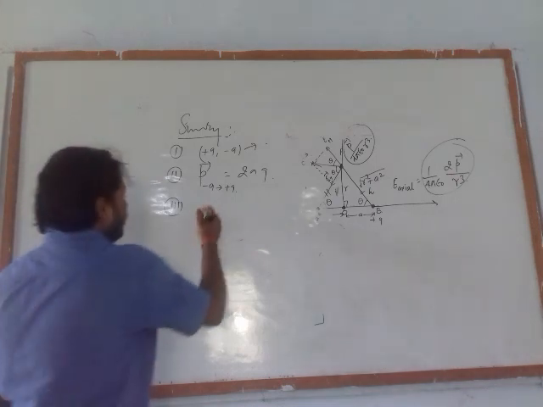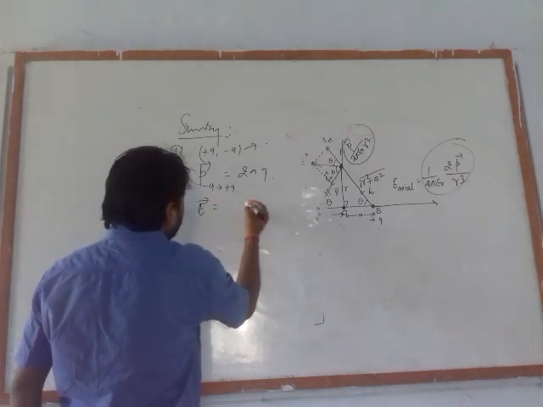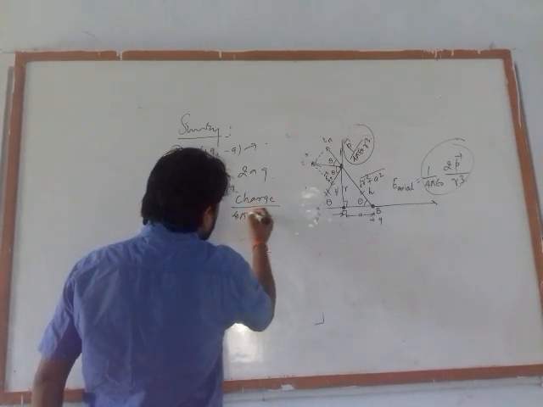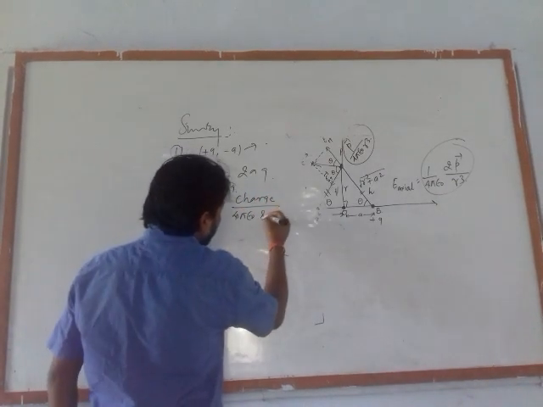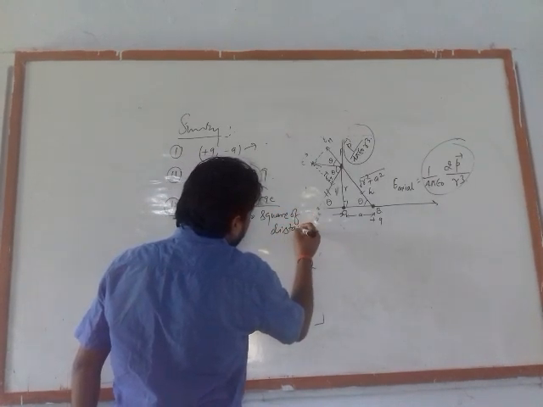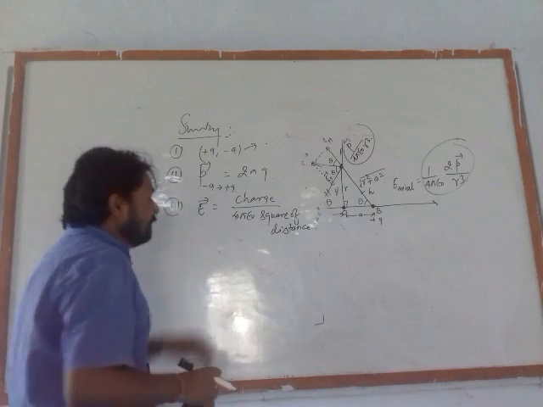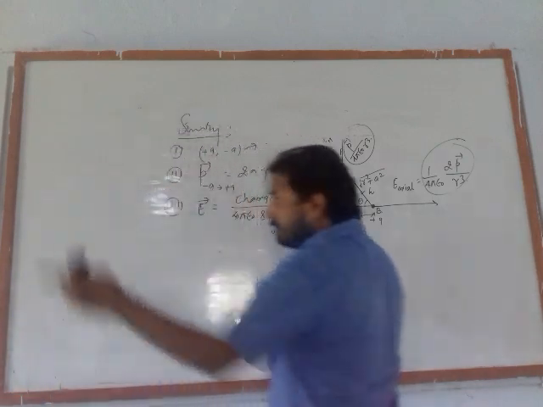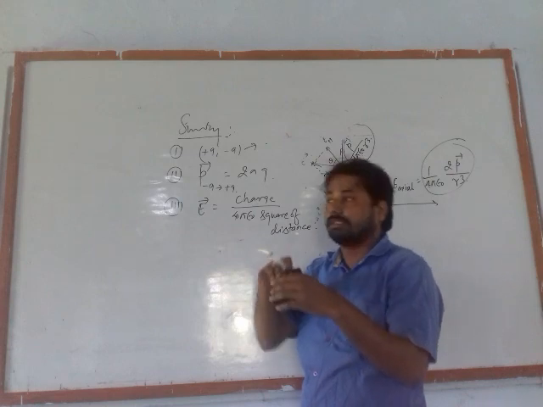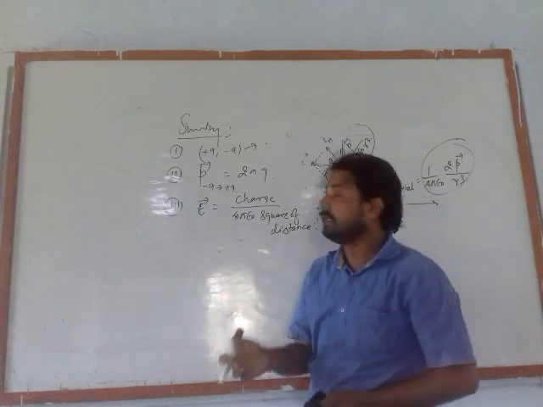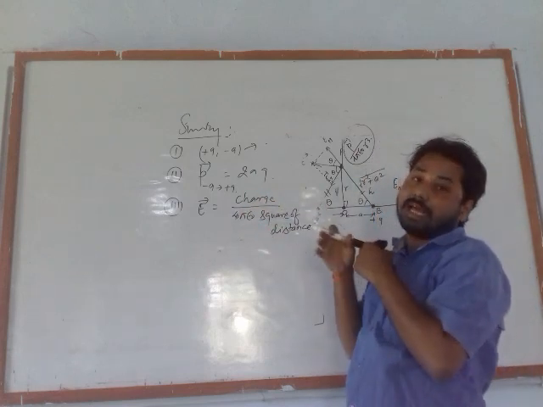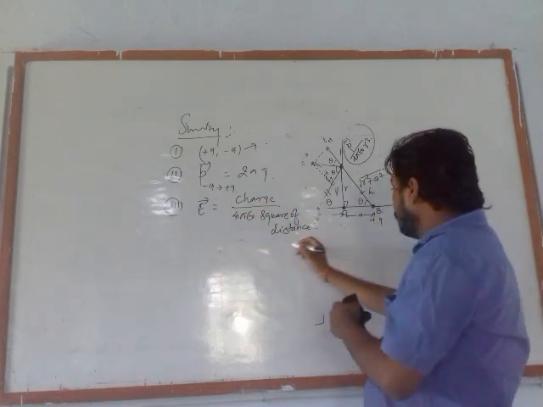The third point is that you should know how to write the electric field, which will be charge divided by 4 pi epsilon naught r square. Once a question is given as either axial or equatorial, for axial, the field comes along the axis, so it goes in the horizontal direction.